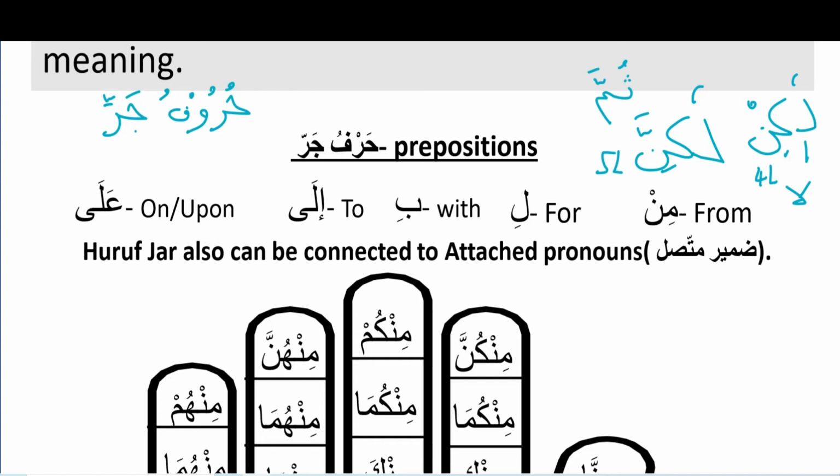We don't call them nouns. We don't call them verbs, because verb has its own approach, noun has its own approach. To identify a noun, we already understand it must have a tanwin, it must have alif lam, or it must come after huruf jar. So that is the standard, that is the regulation. We follow the regulation.